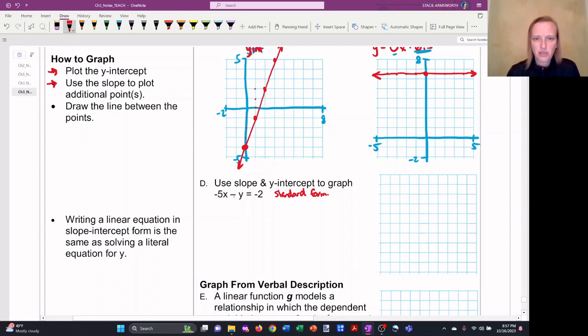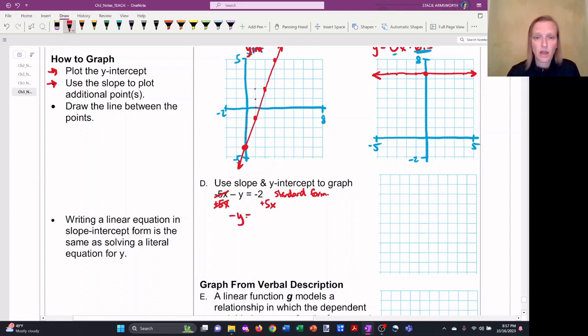So how do I do that? Let's see. Y is being subtracted from -5x over here, so I'm going to add 5x to both sides of the equation. The -5x plus 5x is 0, so if I'm adding or subtracting 0, it doesn't do anything to the equation.